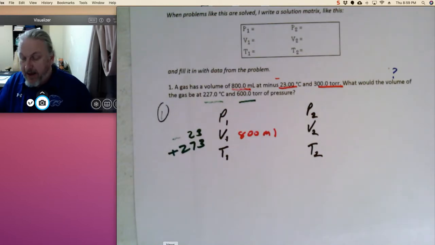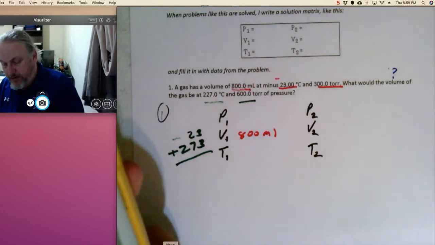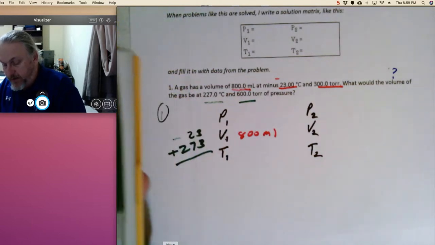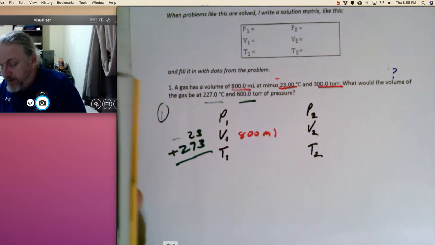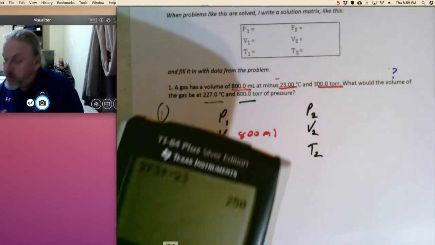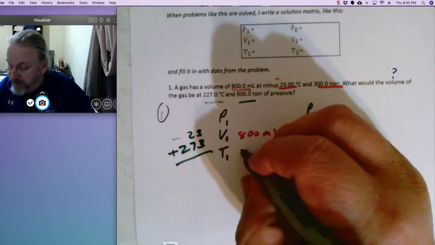Now, when I add a positive number to a negative number, I'm really subtracting. But let's look at it. I got my handy dandy calculator here. Let's clear that out. So I've got 273 plus minus 23, and what do I get? 250. So my temperature is 250 degrees Kelvin.